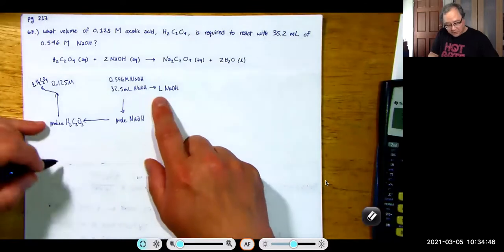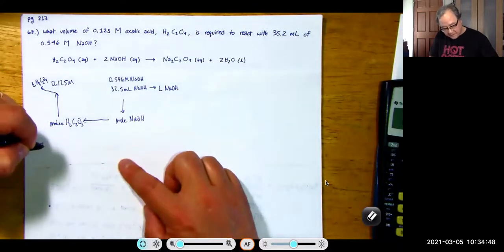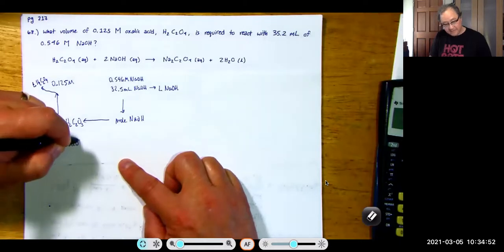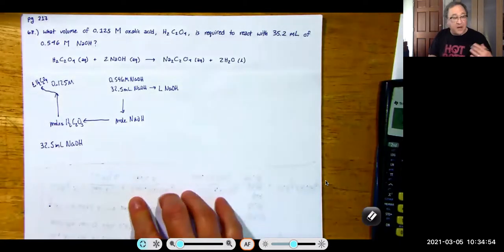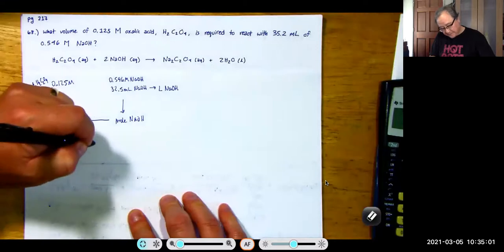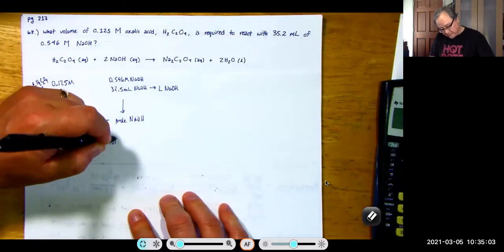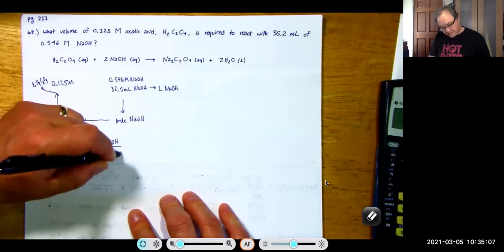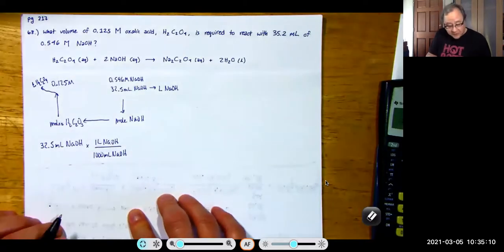So I'm going to start with my 32.5 milliliters of sodium hydroxide. I'm going to multiply by 1 liter of sodium hydroxide per 1,000 milliliters of sodium hydroxide. Then I'm going to multiply by the concentration.